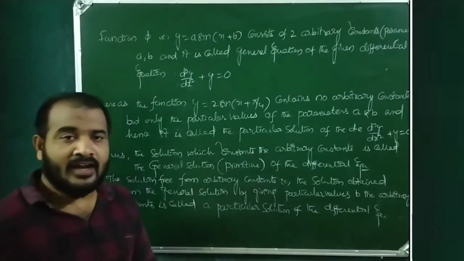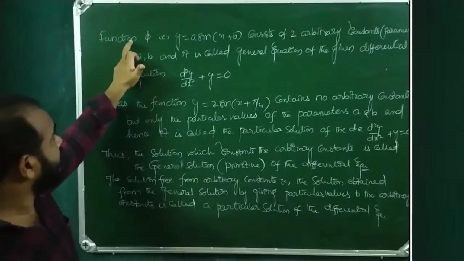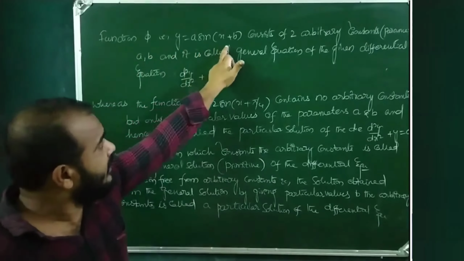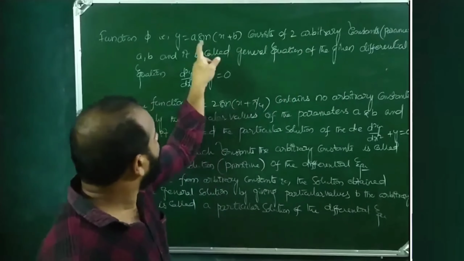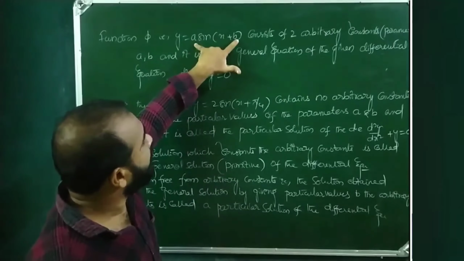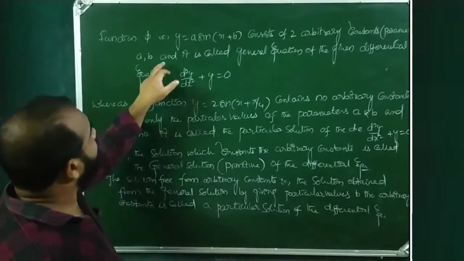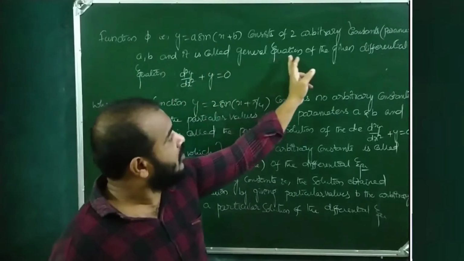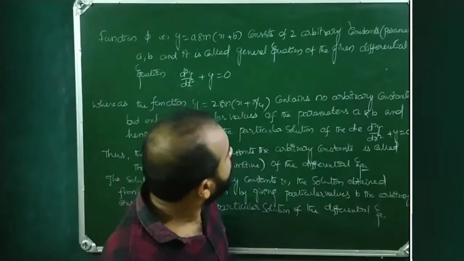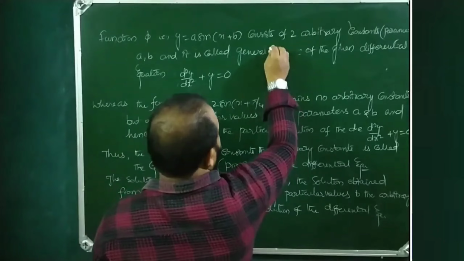Therefore, we can arrive at this concept that the function phi, that is y equals a sine x plus b, consists of two arbitrary constants a and b, called parameters, and is called the general solution of the given differential equation.